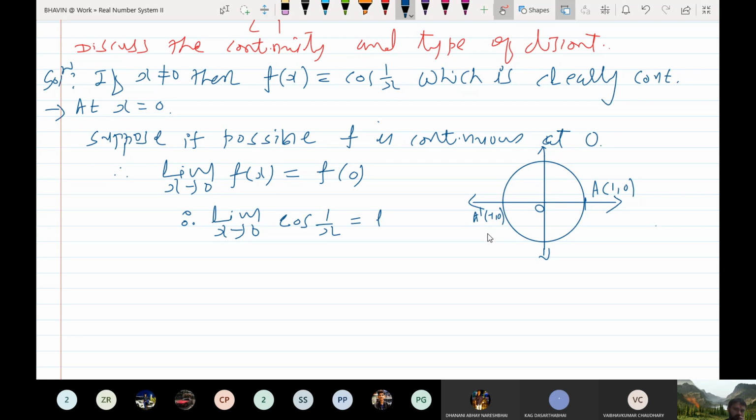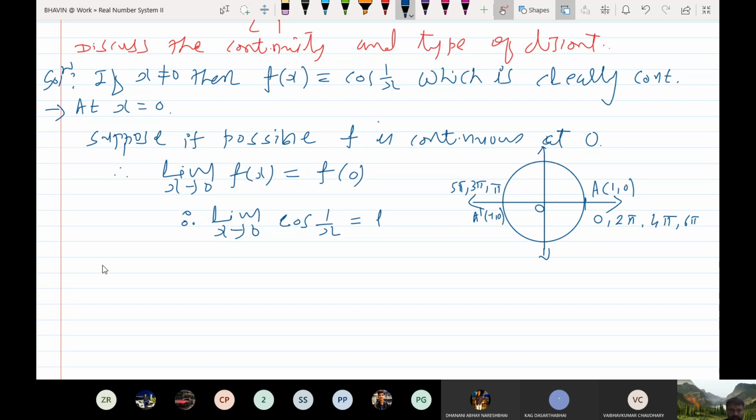मुझे सीक्वेंस कैसी कंस्ट्रक्ट करनी चाहिए? देखिए यहाँ पे कौन से एंगल्स आएँगे? 0, 2 pi, 4 pi, 6 pi, here pi, 3 pi, then 5 pi, and so on. So for odd multiples of pi, you will get value -1.